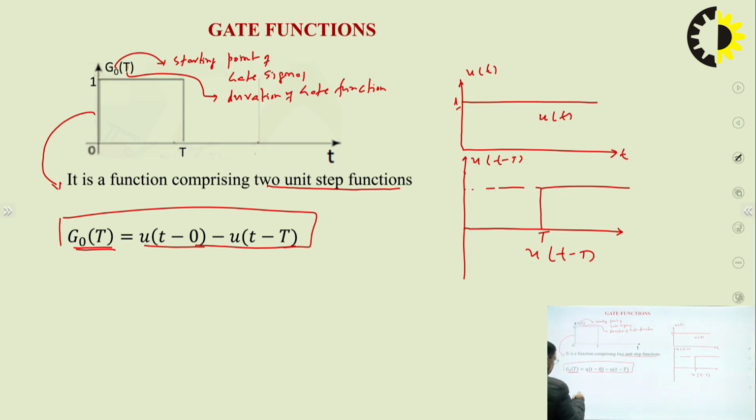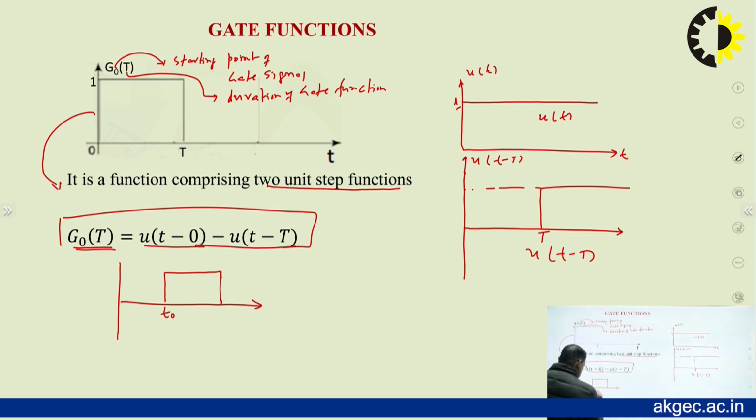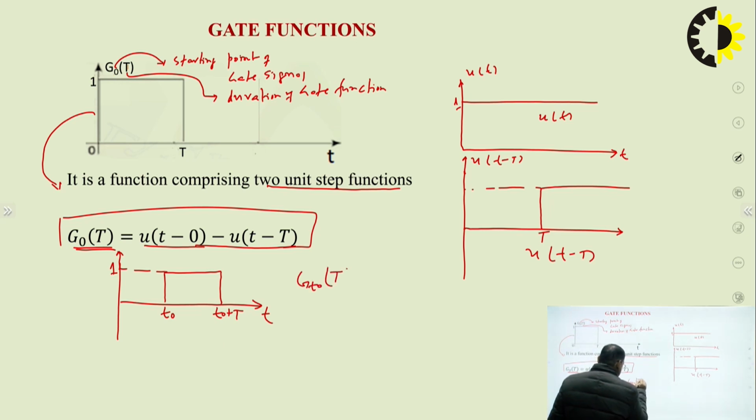Suppose this is another gate, starting at T0 and ending at T0 plus T, and the height is always 1. If you want to denote this rectangular pulse, it is denoted by G T0 (T). So the starting point is T0 and the duration is capital T.